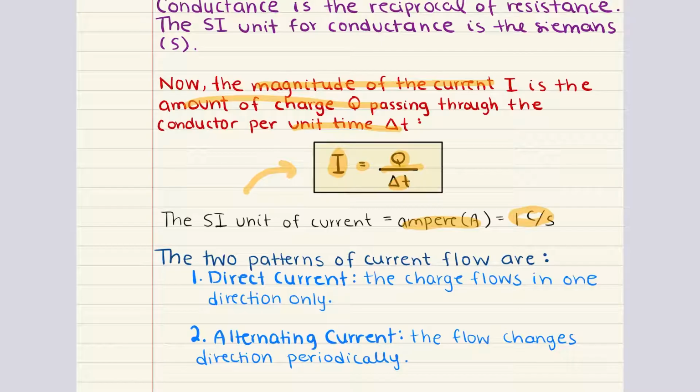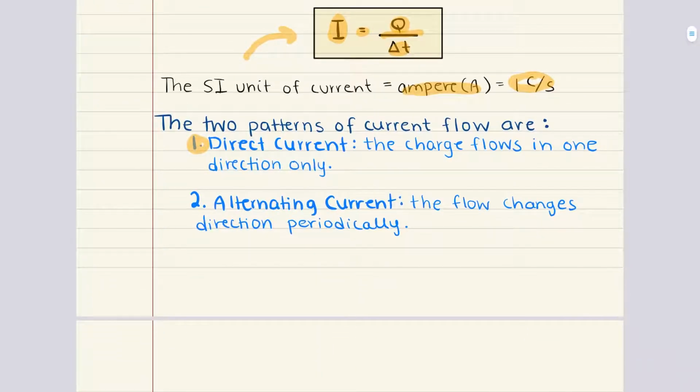Now, understanding the movement of charge is really important, but so is recognizing the two distinct types of current, which are alternating current, AC, and direct current, DC. In direct current, the charge flows in one direction only, which makes it predictable and stable.